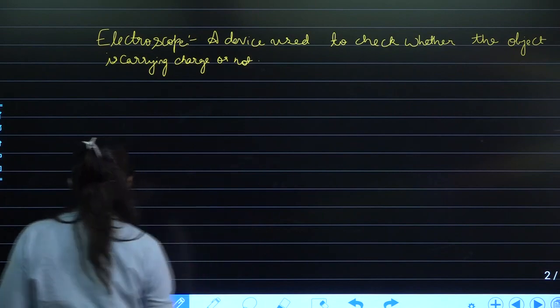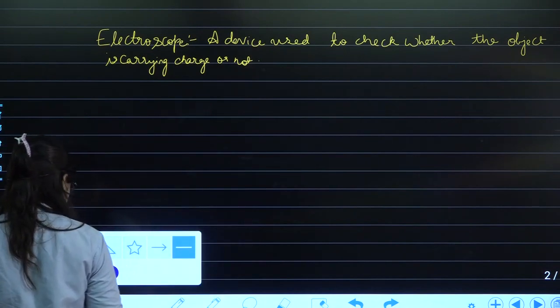How is the electroscope now? Let us understand.